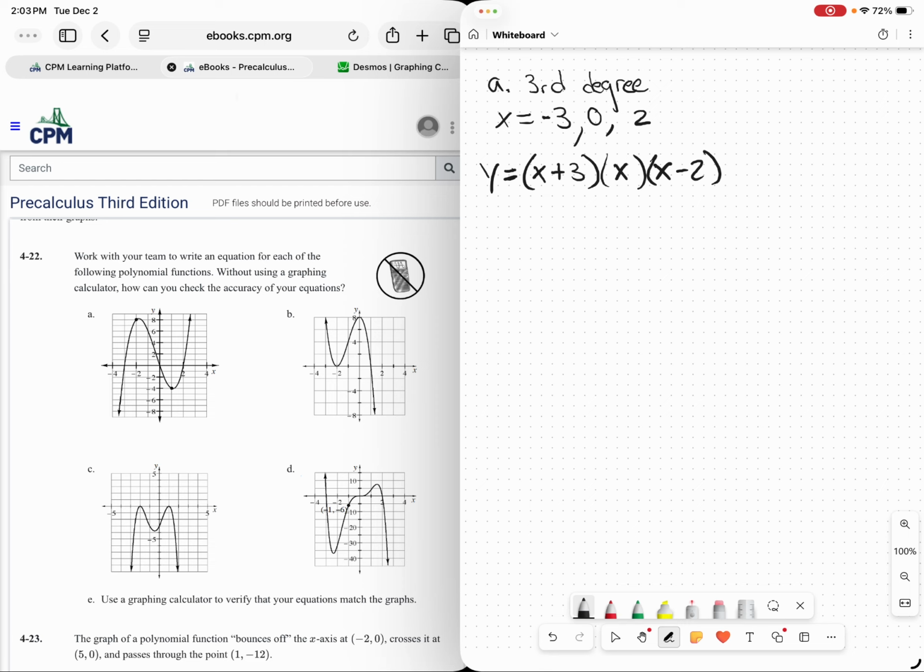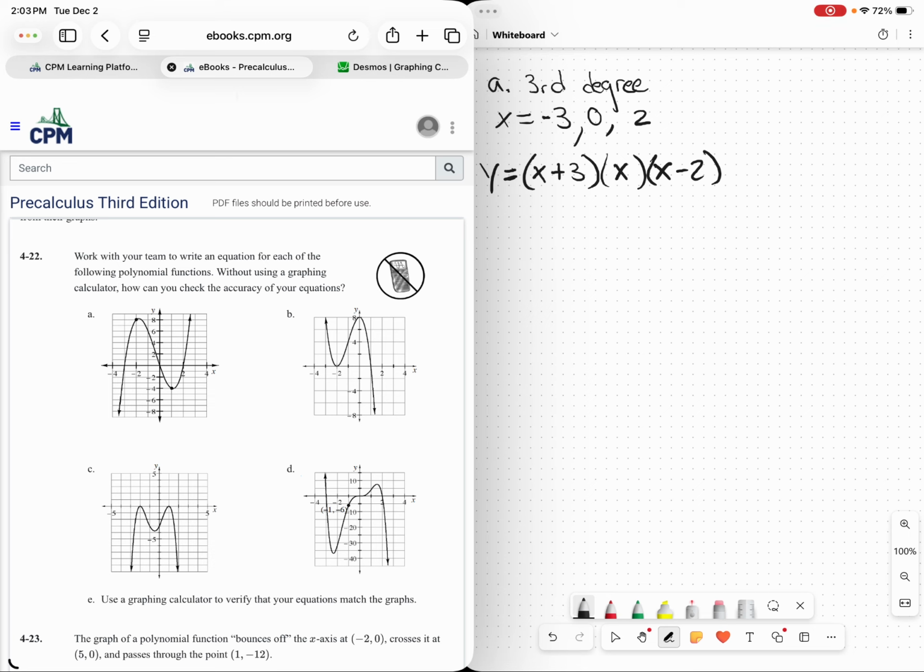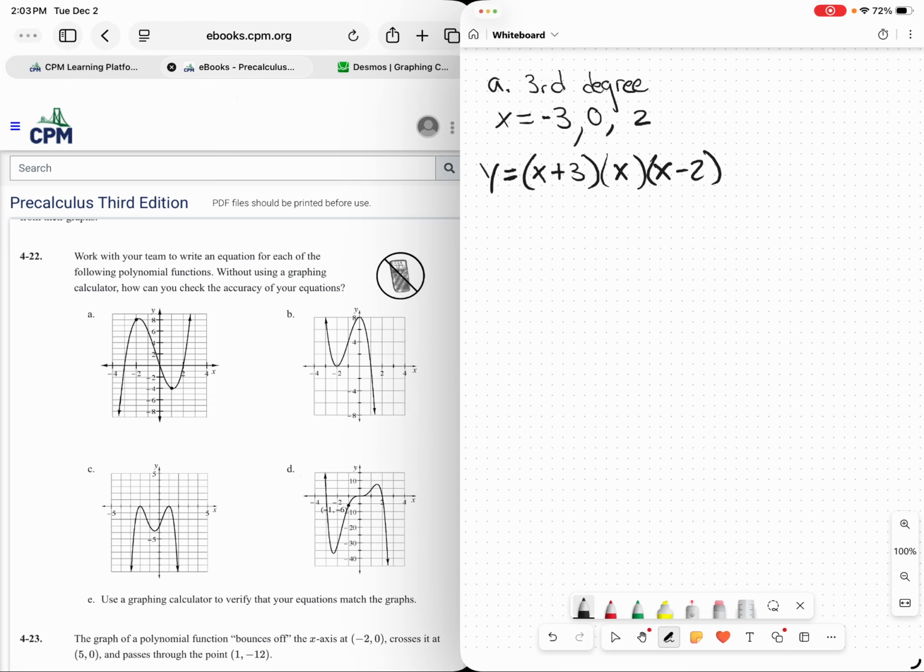Okay, if we look at B, so doing the same thing here, third degree, right? We should notice, though, that on B, not only is it a cubic, but it's also negative, right? Why? Because its end behavior is up then down, right? So two curves, right? Our zeros are at x equals -2 and x equals 1. But we should notice that -2 is a double root, okay?